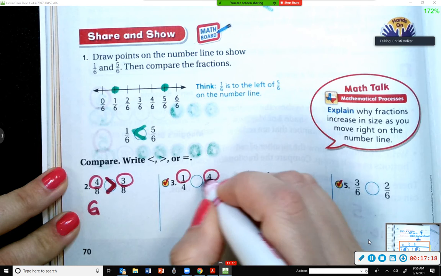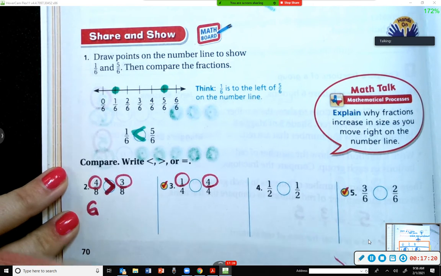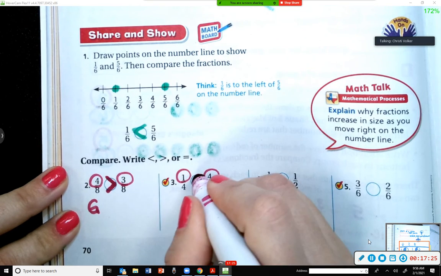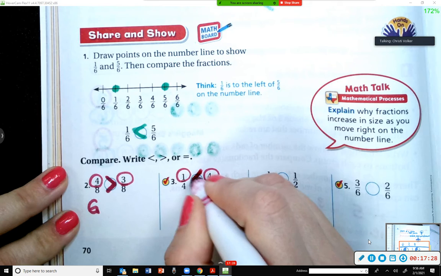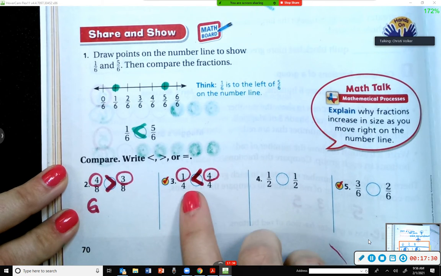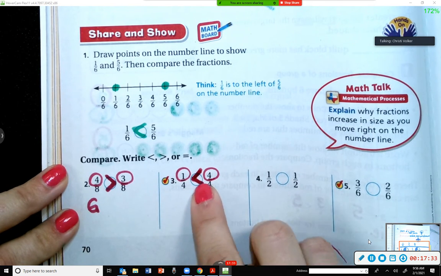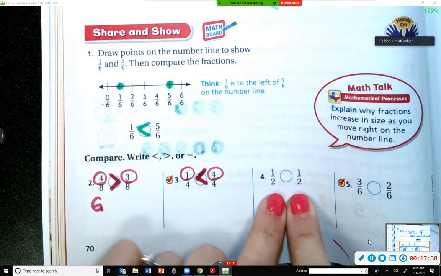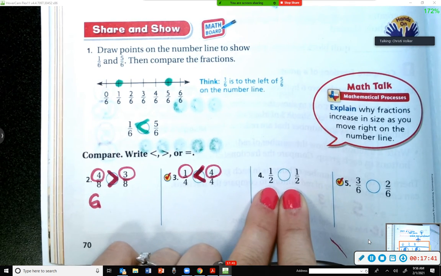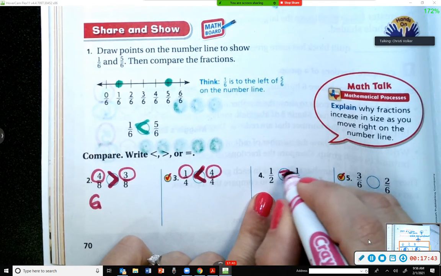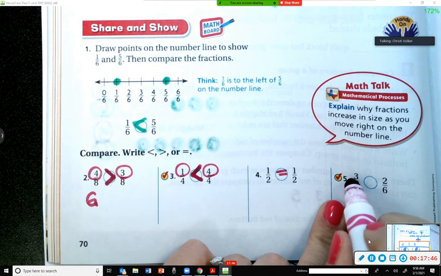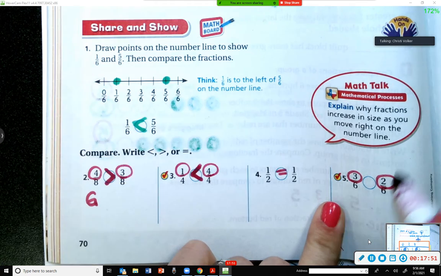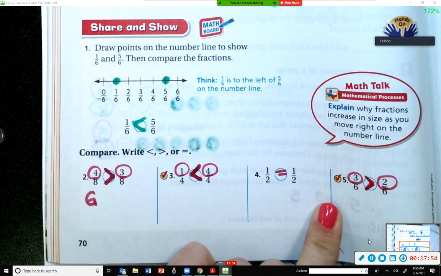I have 1 and 4. 4/4 is greater. It is a whole. So your mouth wants to be open towards that bigger fraction. So I would read this as 1/4 is less than 4/4. Number 4, they're exactly the same, so that means they're equal. And number 5, I have 3 and 2 on top. So 3 is greater than 2.